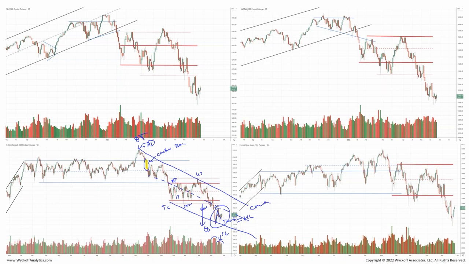How would the confirmation look? Overcoming the high between the spring and the test, and preferably with some kind of aggression, whether it's a series of up bars or maybe just one significant bar that would come to the previous resistance, and then it would mitigate the construction of the structure at that point.